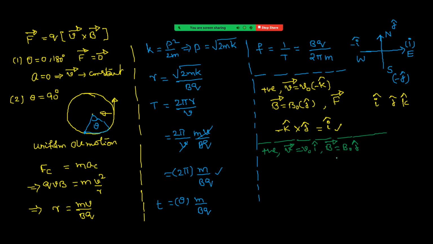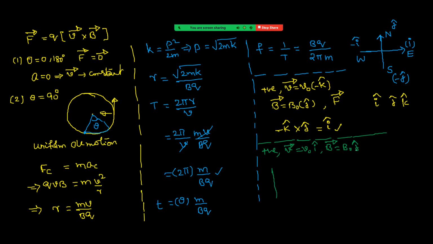Okay. So first of all, decide direction of force. Charge positive. Therefore, direction of force is direction of V bar cross B bar. Right? That means i cap cross j cap. That is k cap. Right? Now see carefully here.